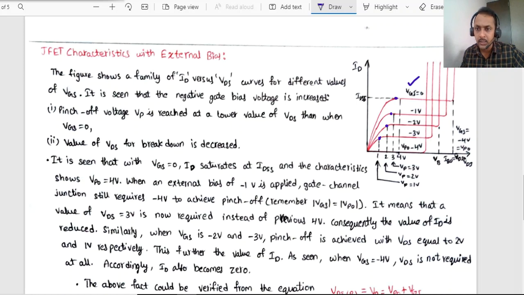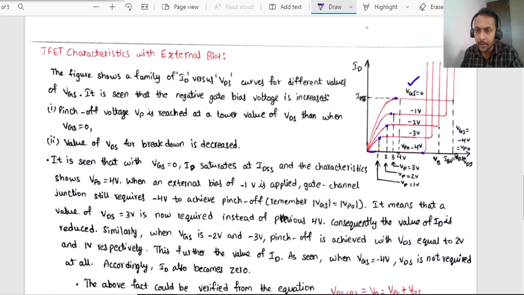If VGS, gate and source, is made more and more negative, at one point the drain current won't flow.